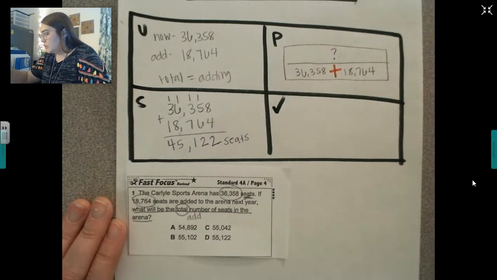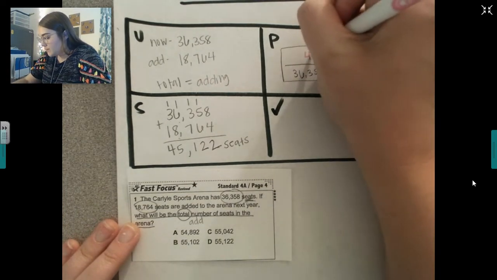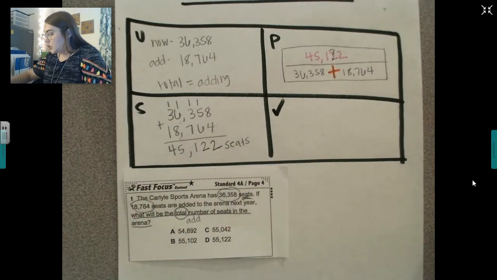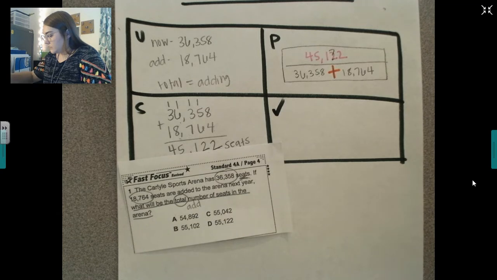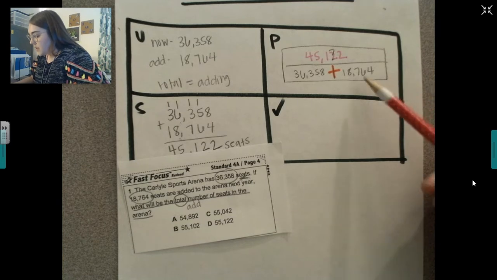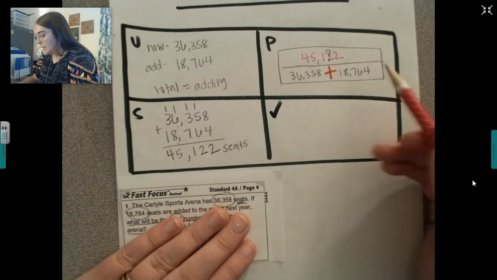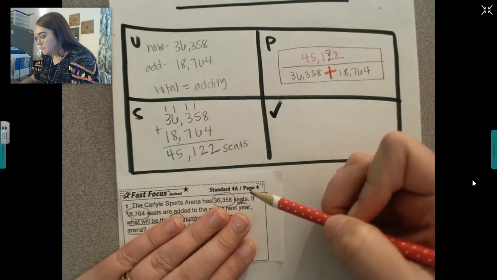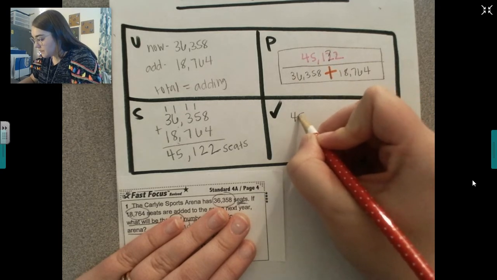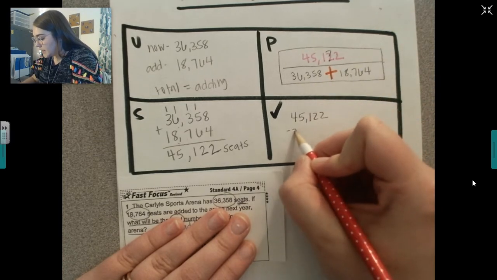So what I'm going to do is, just for my own brain's sake, I'm going to write 45,122 right here. So to be able to check that, I think what I can do is I'm going to take this 45,000 and I'm going to start off by subtracting this number from it, the 36.